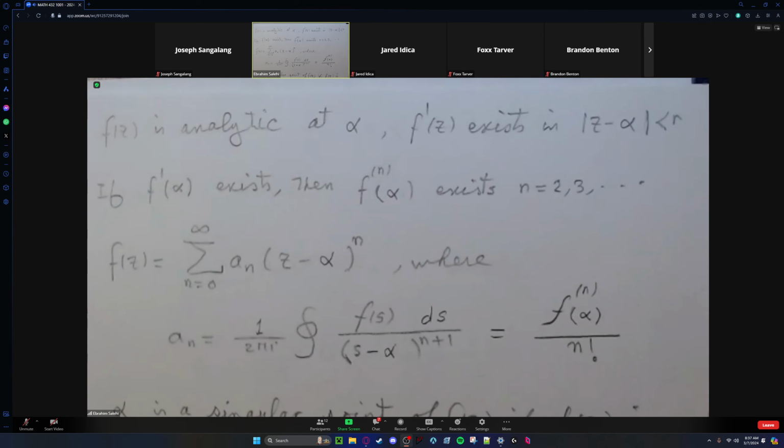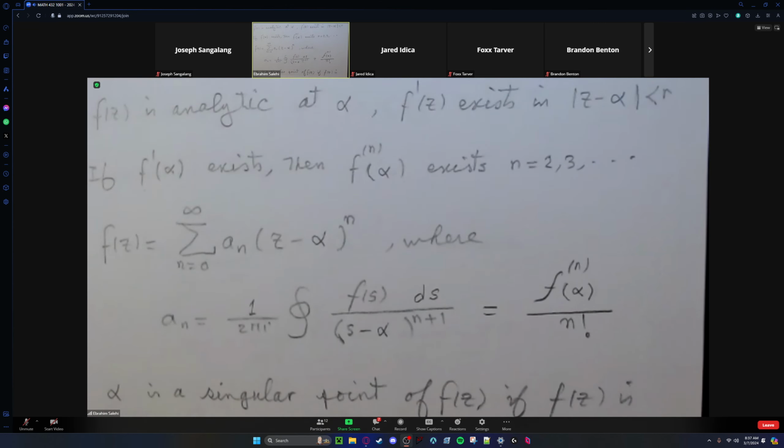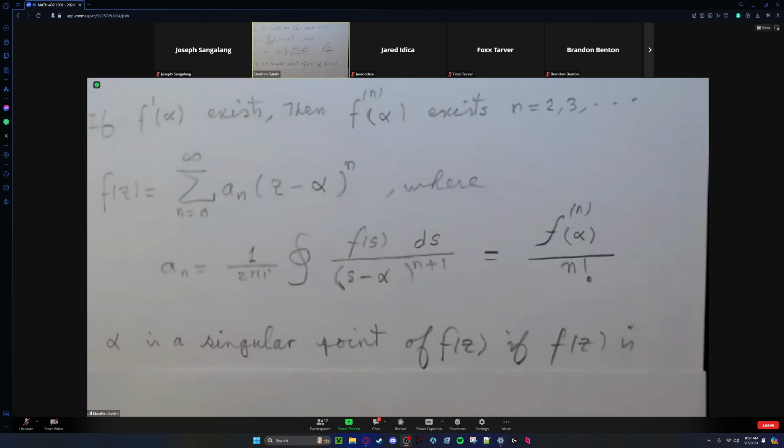Well, when alpha is a bad point, remember, if the function has derivative in the neighborhood of alpha and alpha itself, we have no problem there. Alpha is a very beautiful point. But if alpha is a bad point, we classify alpha.